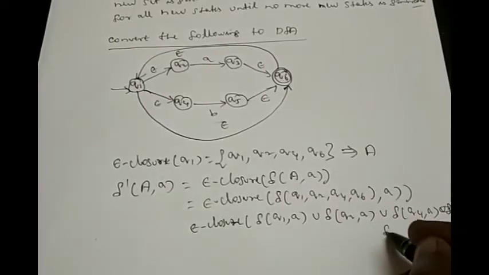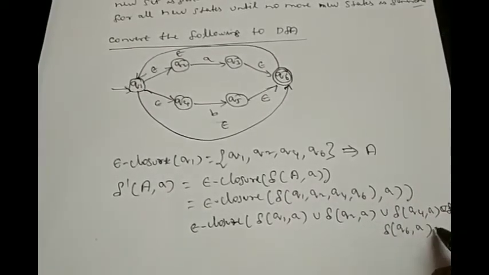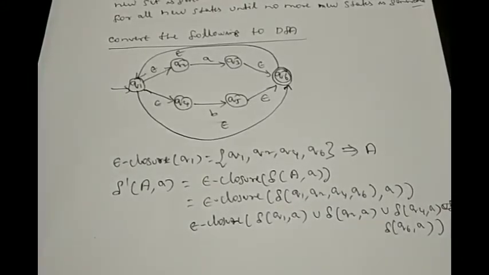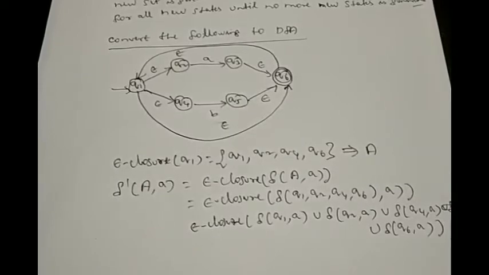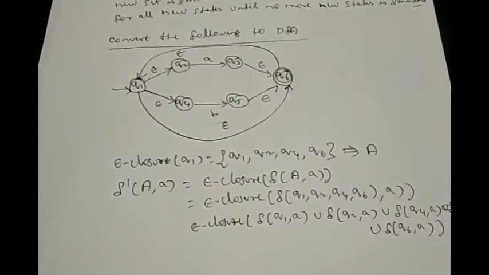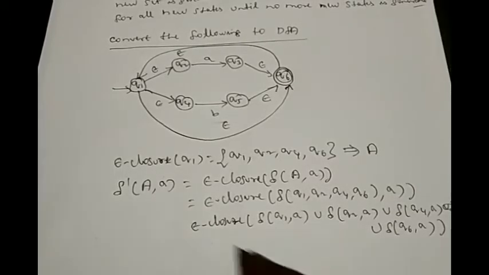So every time you have to put a union here. Now in these four states, I cannot apply a in Q1, and obviously that is going to be phi here.